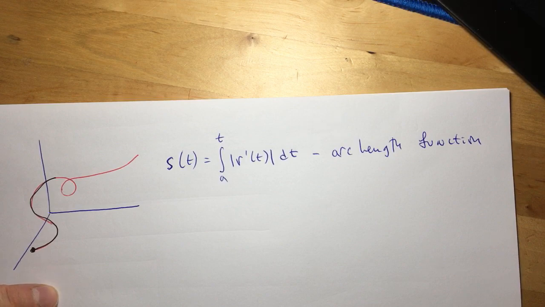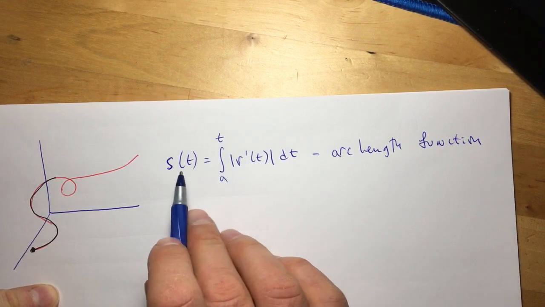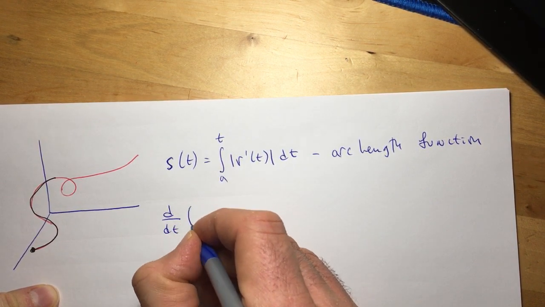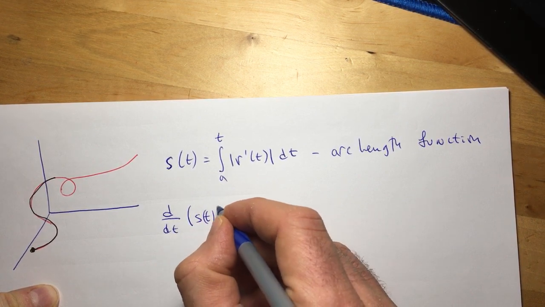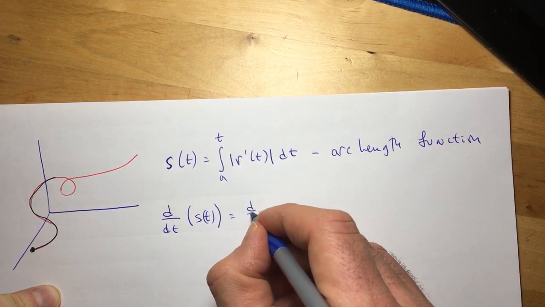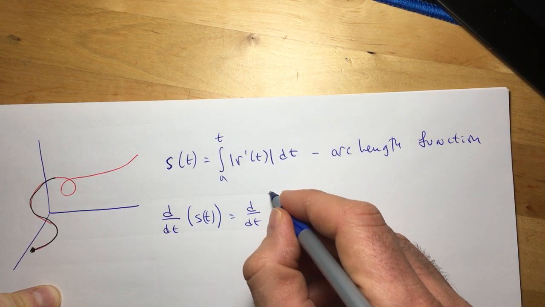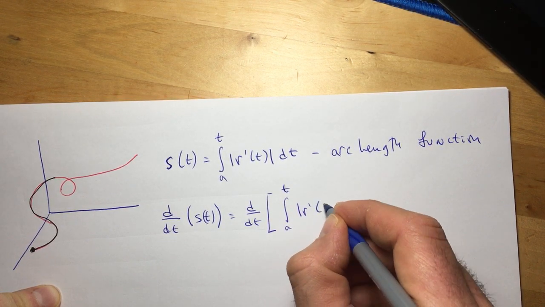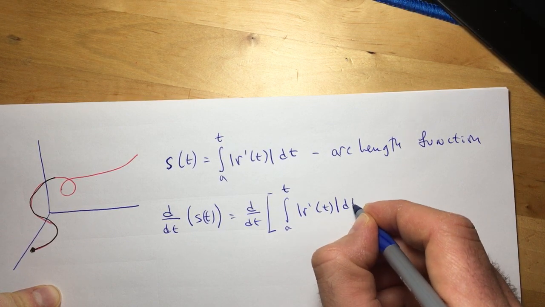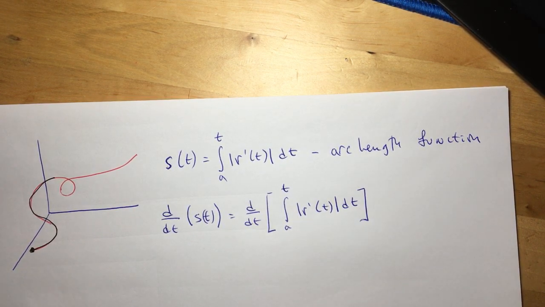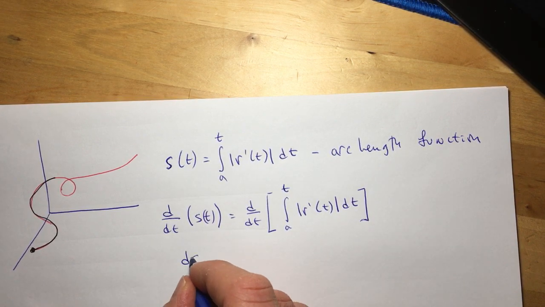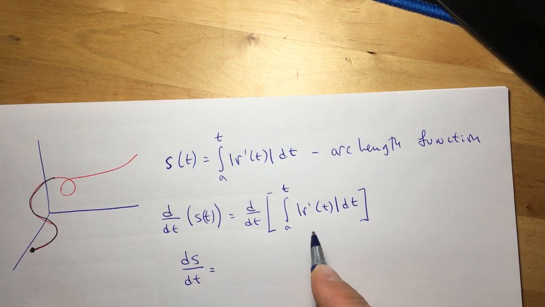Okay, by the fundamental theorem of calculus, what will happen if I take the derivatives on both sides? If I have d/dt of s(t) is equal to d/dt of the integral, by the fundamental theorem of calculus, the derivative of the arc length function ds/dt is equal to what?